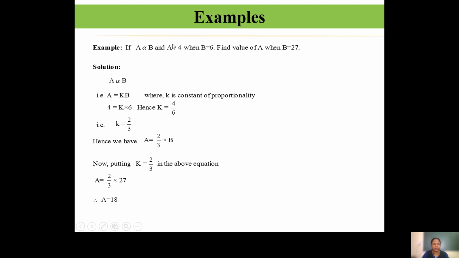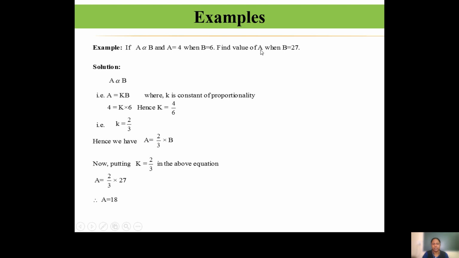Substituting A as 4 and B as 6, 4 equals K into 6, so K equals 4 upon 6, which is 2 upon 3. So now we have A equals 2 by 3 into B.